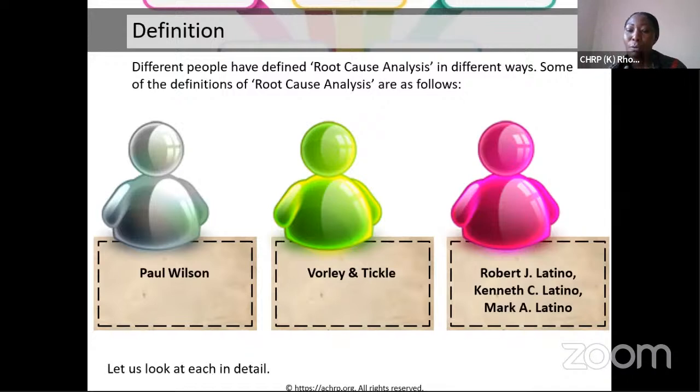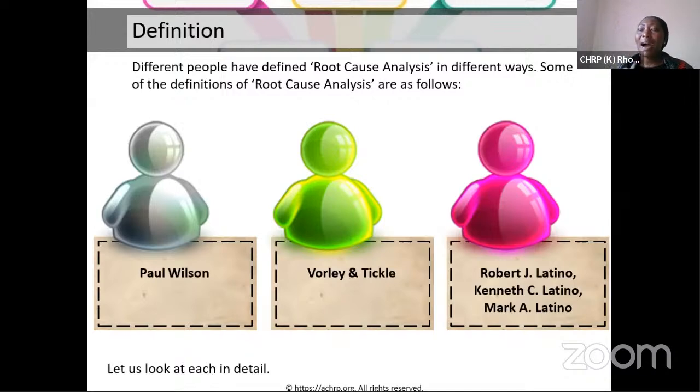They're called the 3 Latino brothers. We have Robert Latino, Kenneth Latino, and also Mark Latino. These were 3 brothers, and they were what I would call reliability experts, operating in their reliability organization. For many, many years, this is a business they inherited from their father, who was a reliability expert.